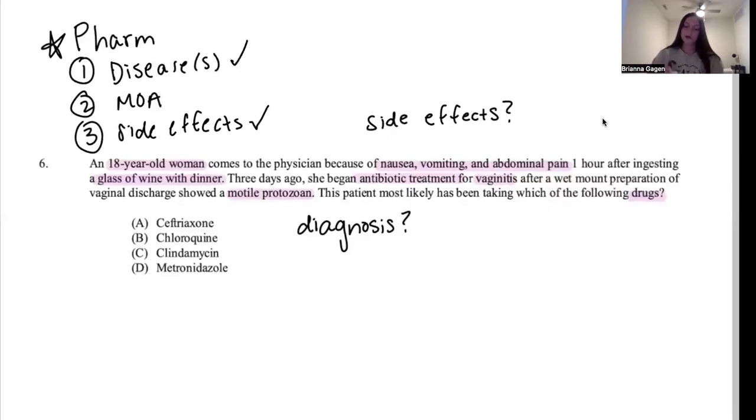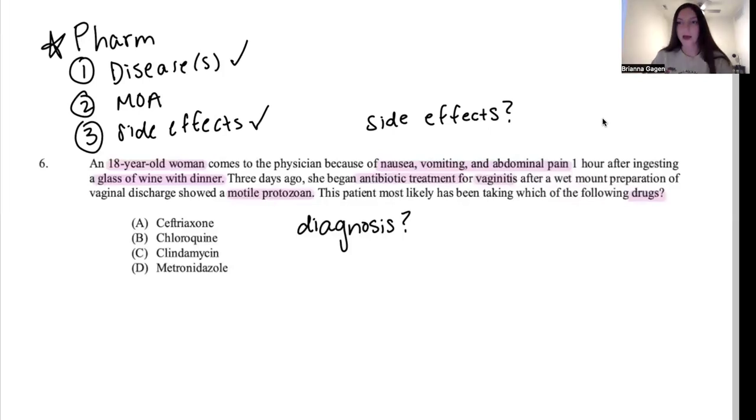Okay, so first I'm going to look at the diagnosis. So I know it's an 18-year-old woman, so a young adult, and she began taking an antibiotic. So we know it's an antibiotic for vaginitis. And we know that the diagnosis was made based on a wet mount that showed a motile protozoan.